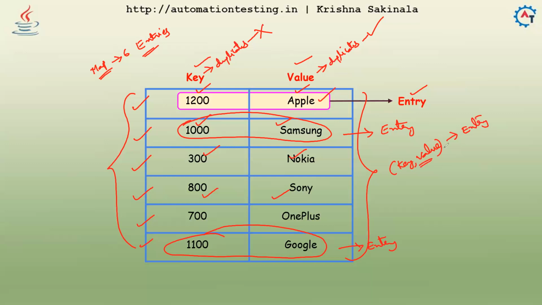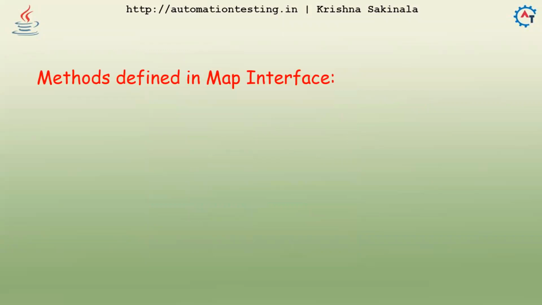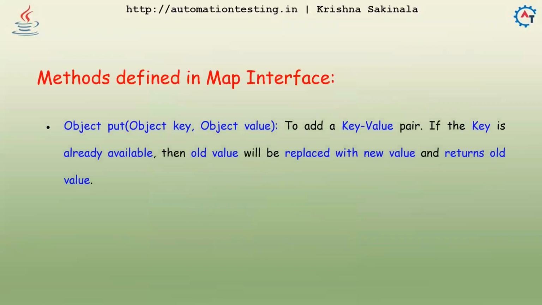Let me clear this. Now the methods defined in the Map interface. What are the methods inside the map? Object put. In our previous videos on collections, to add an element we used the add method.